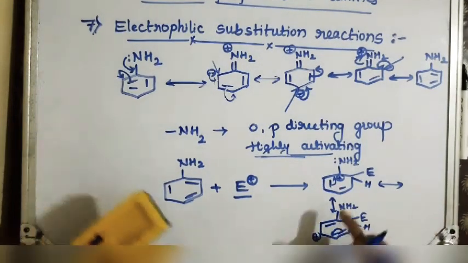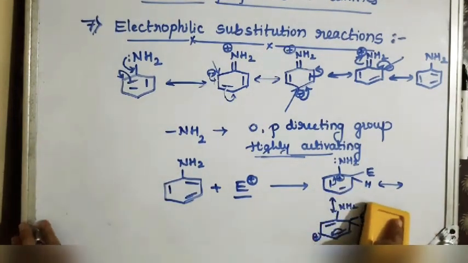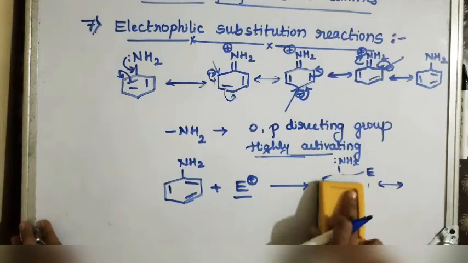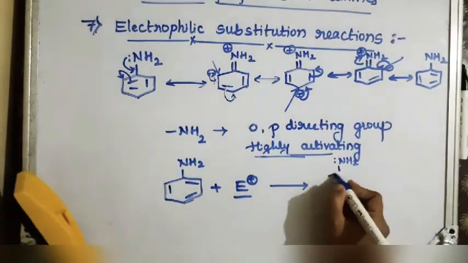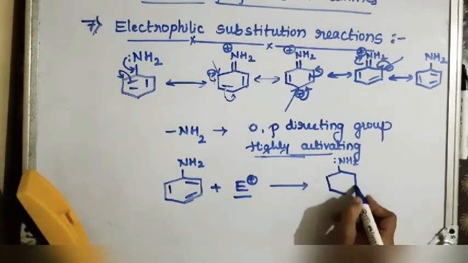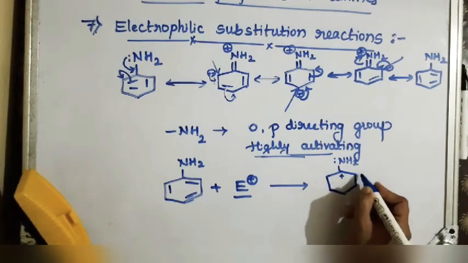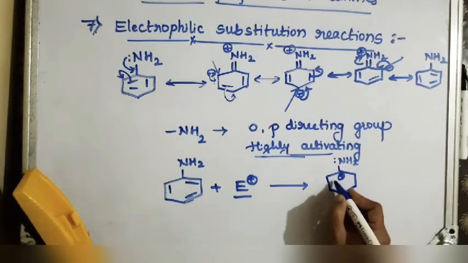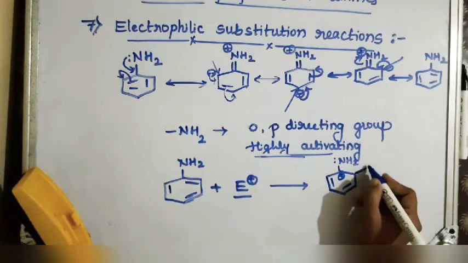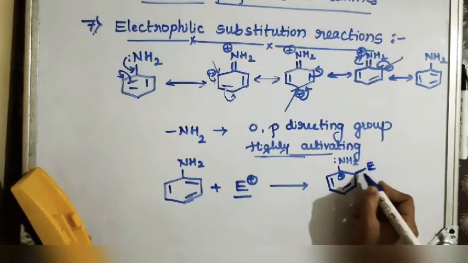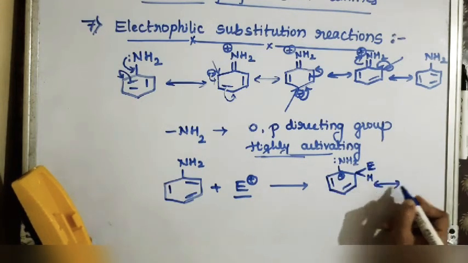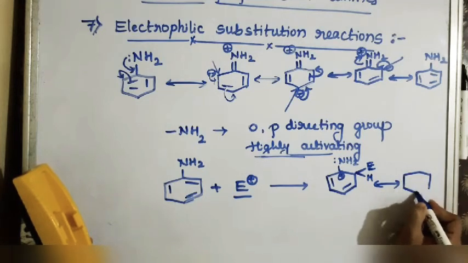But with these resonating structures, another possibility is, as the lone pair of electrons is present on the same carbon which is having the positive charge, we may get another resonance structure of this manner.